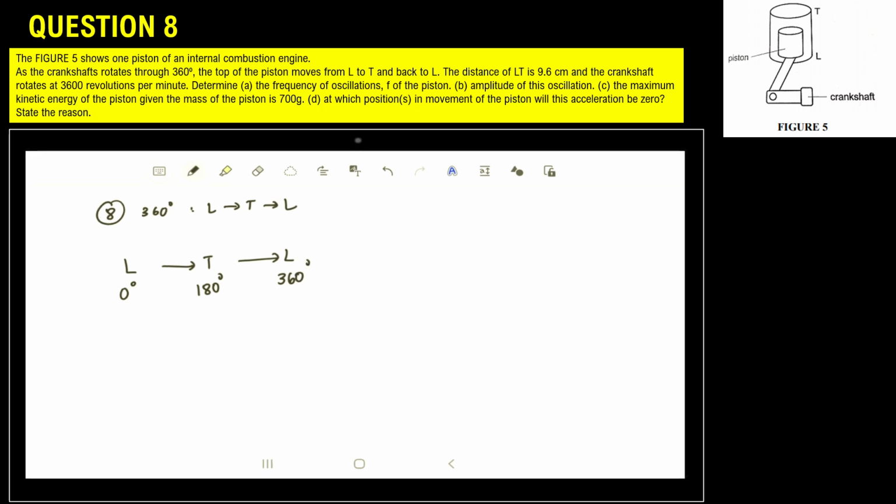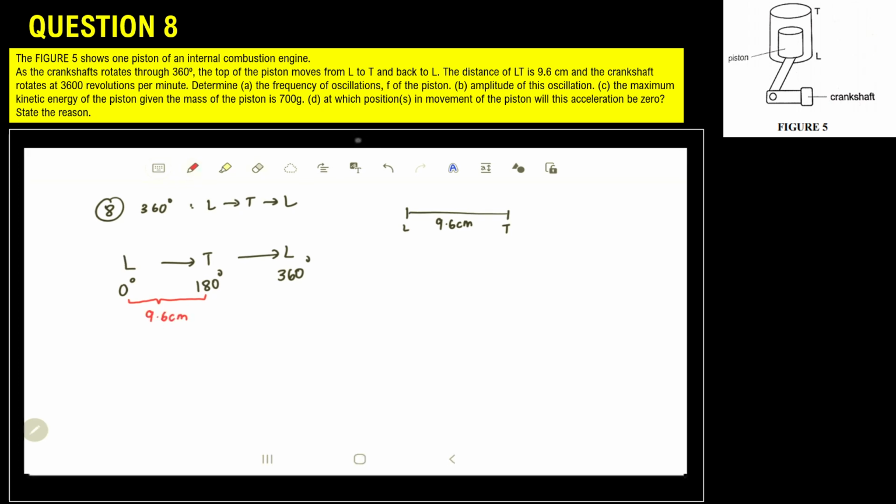It is given that the distance LT is 9.6 centimeter. So from 0 to 180 degree, it is 9.6 centimeter, and this is another 9.6 centimeter.